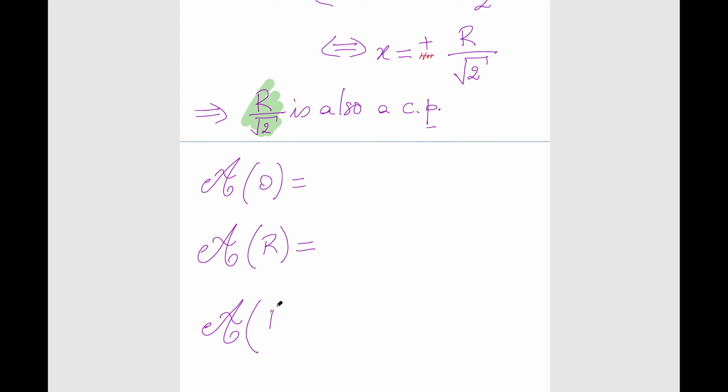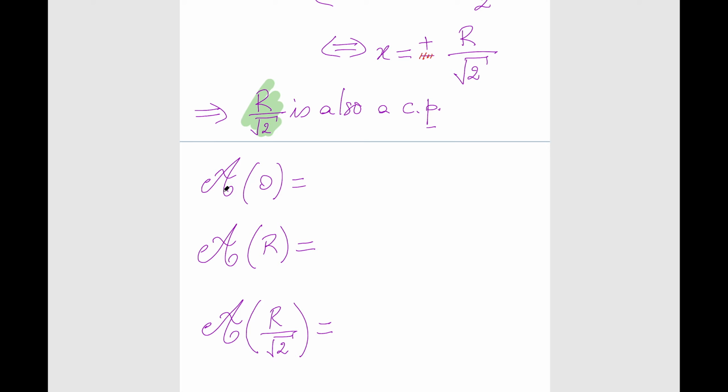And the other one is r over square root of 2, right? By the closed and bounded interval method, whichever is the highest is going to be the absolute maximum value that calligraphic A can attain.